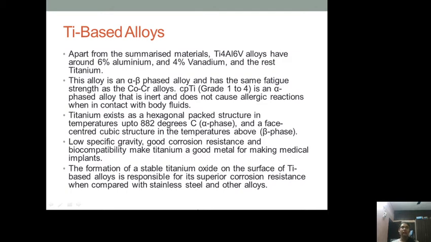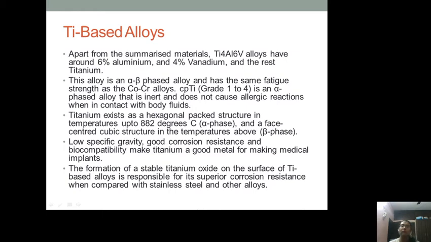Now, titanium has this property of forming a stable titanium oxide on the surface of the metal. One of the major advantages of this titanium oxide layer is that it is repairable. For example, if for some reason the titanium oxide layer has been worn out or scratched, then it reforms, it reheals itself and covers the entire metal.